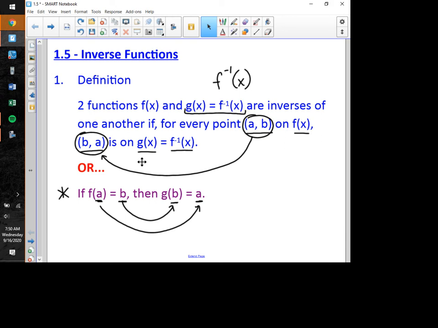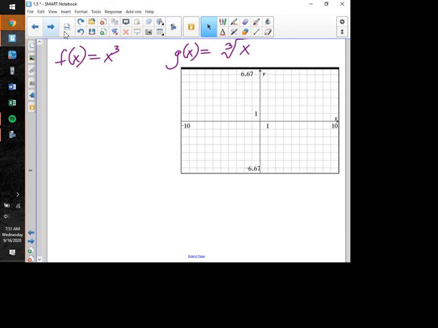And if two functions have this relationship, that every single ordered pair in the set of one function out there, if its inverse falls in the second function, then those functions are going to be inverses of one another. So let's play around with that idea just a little bit.